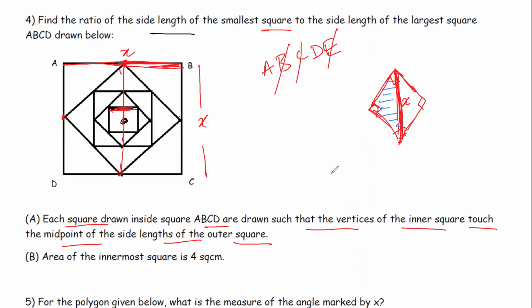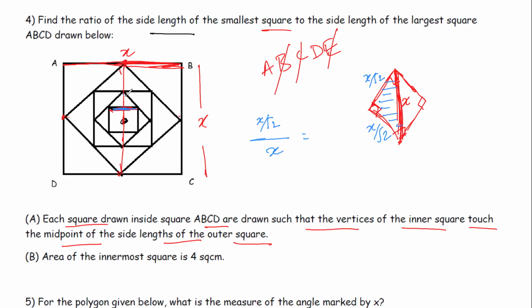So in that case, using the Pythagoras theorem, this would be x by root 2 and x by root 2. Now we know x by root 2 upon x, and that will be the series throughout.